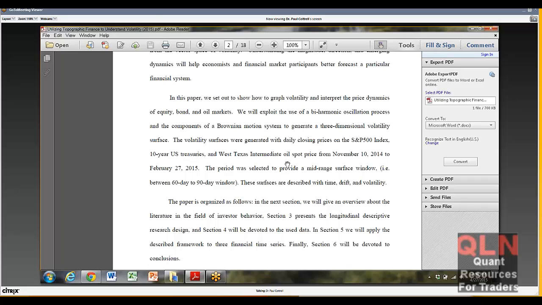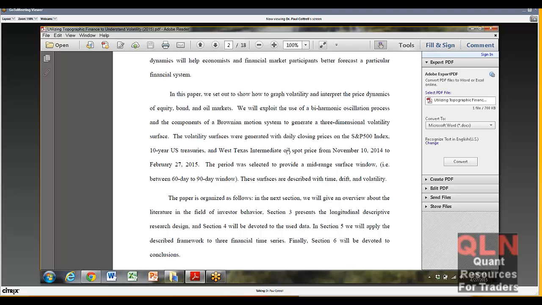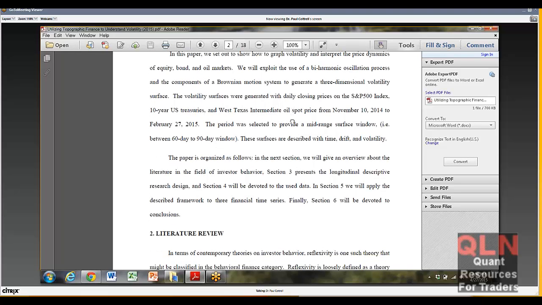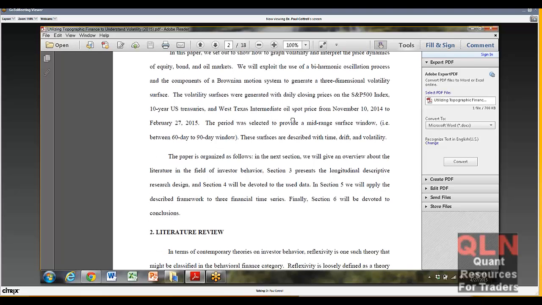But because I wanted to make a simple paper on how to read and understand the surfaces, not something that was 30 pages long, we just picked the mid-range. And the dimensions we look at are time for the X, drift for the Y dimension, and volatility.